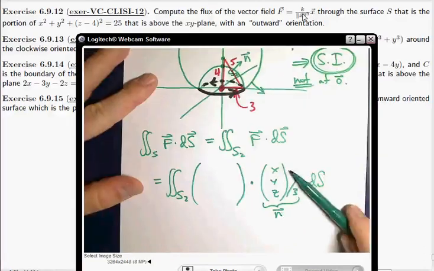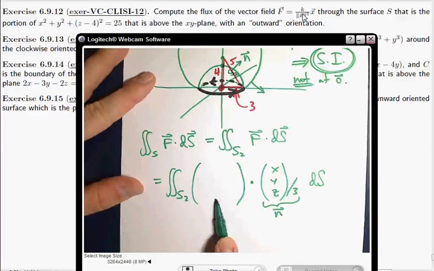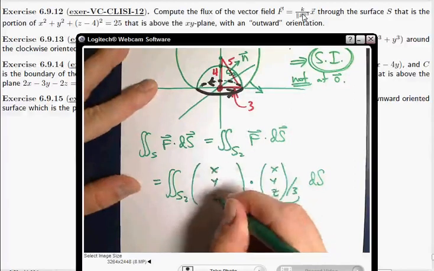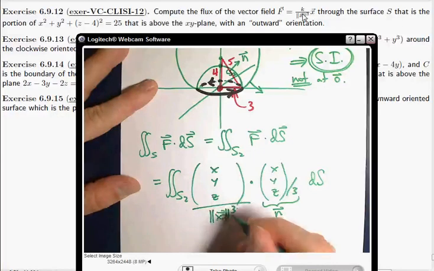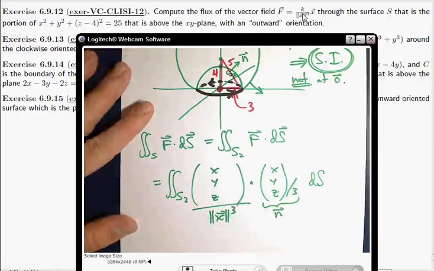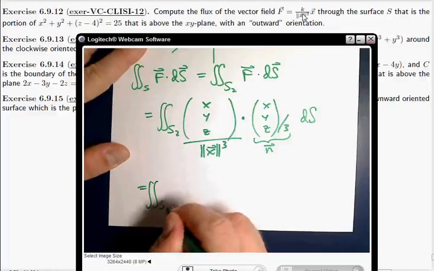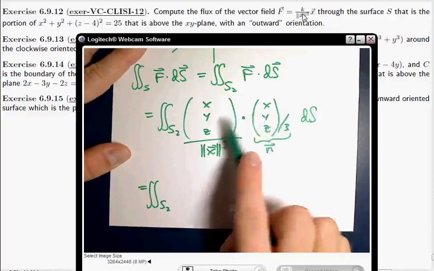Okay, so there's our unit normal vector. What's our vector field? Well, our vector field is the x vector divided by the length of x cubed. Okay, so x, and then divided by length of x cubed. So altogether then what I have is, well, I've got x dot x, that's length squared.